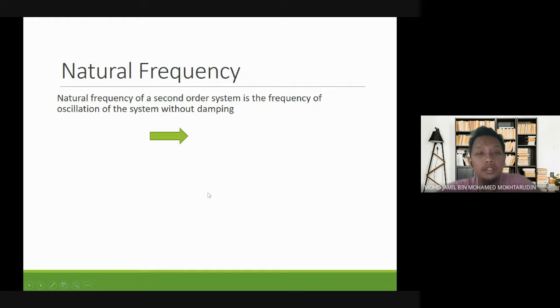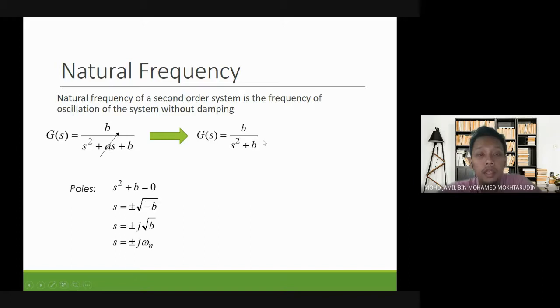Okay, so let's look at natural frequency first. So natural frequency of a second order system is the frequency of oscillation of the system when the system has no damping, okay, or without damping. So for a system to have no damping, we first assume the center term on the denominator here as 0, okay. So first we assume this part as 0. And then we find the poles of G(s).